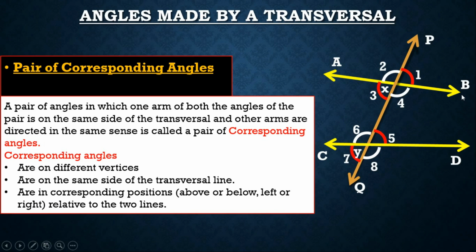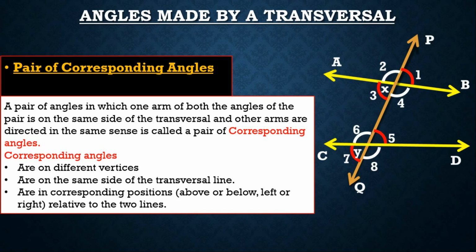In a similar way, angle BXY and angle DYQ is one more pair of corresponding angles. So angle 4 and angle 8 is one more pair. Why? Because XB and YD are the two arms lying on one side of the transversal, and arms XY and YQ are going in the downward direction.